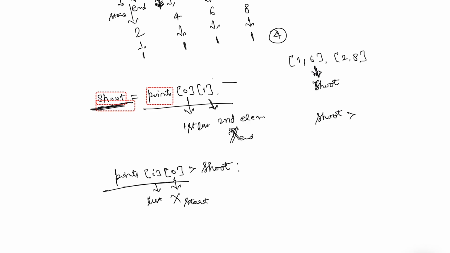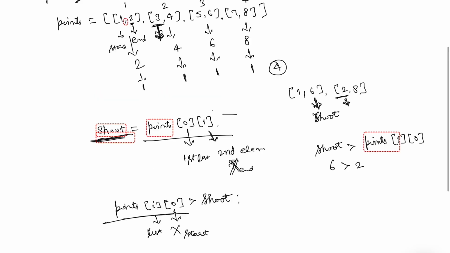Okay, so the next list's first element, I just take points[1], the next list is 1 and its first element is 0. So now shoot was here 6, so this should be greater than points[1][0]. So the second list's first position is here 2, so 6 is greater than 2, then only it can shoot.